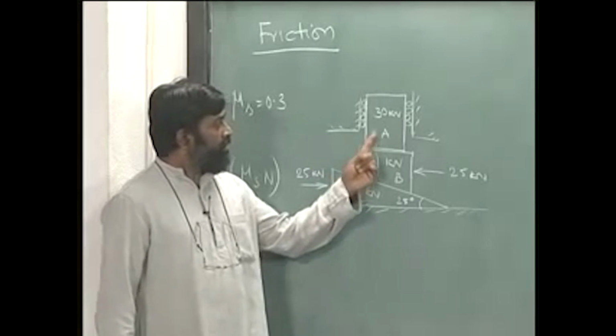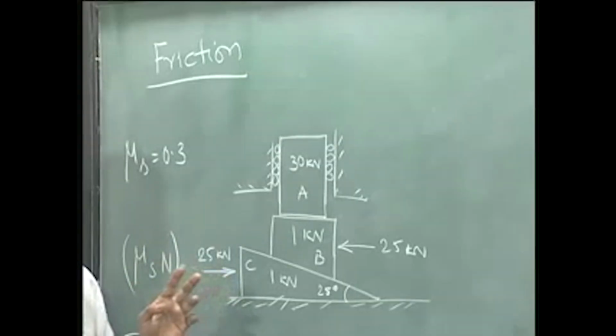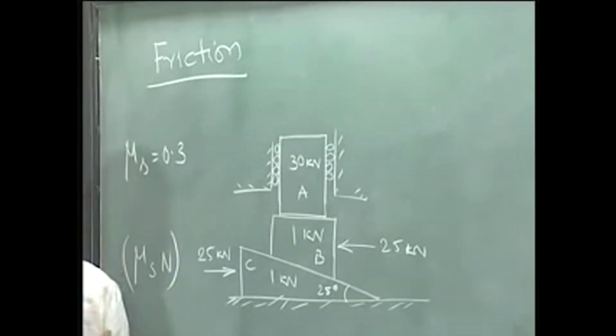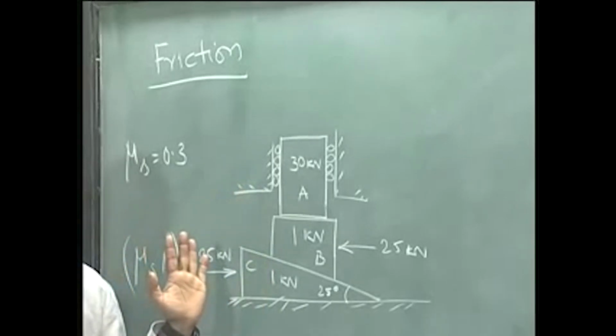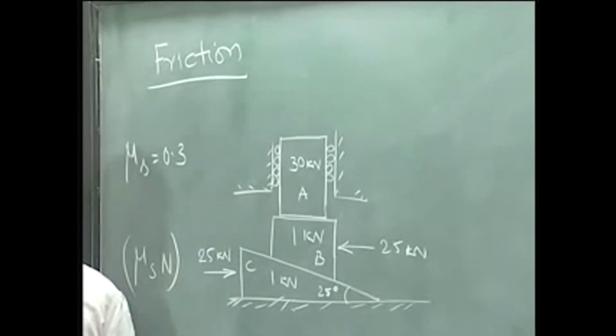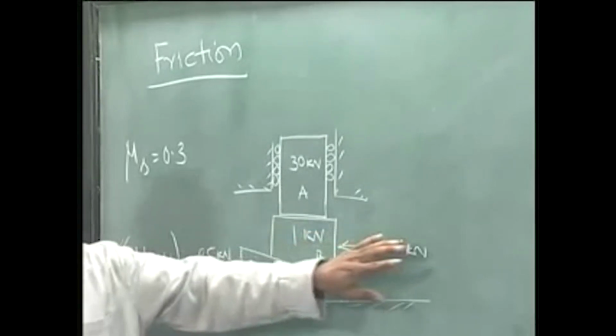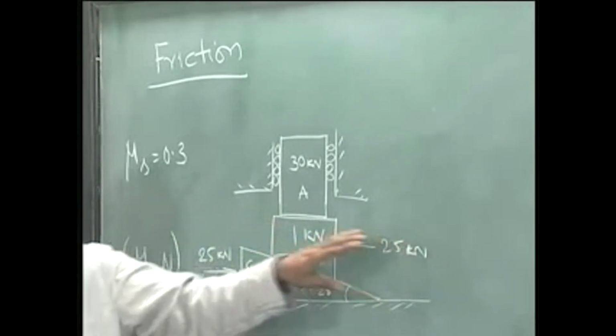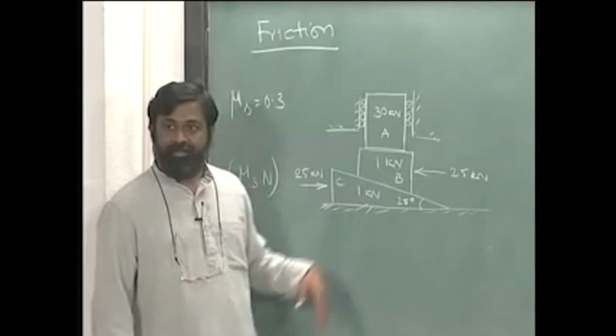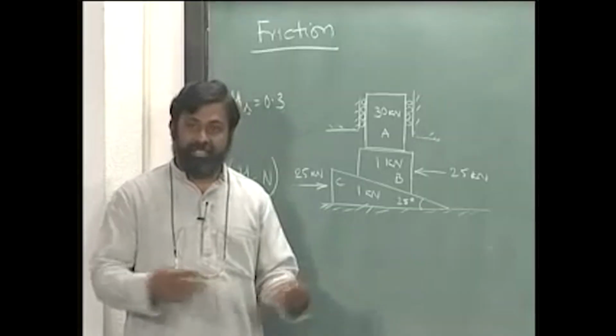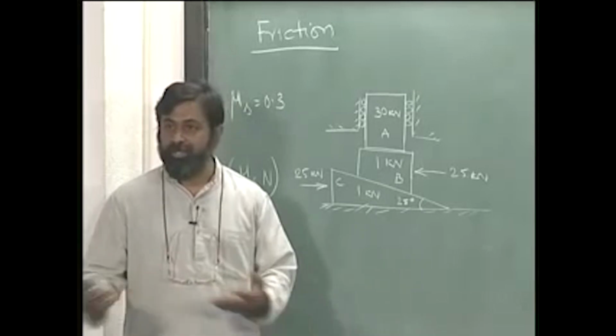Now if this block has to remain stationary, there are 2 possibilities. One is that it is just static, the other could be that these 2 blocks slide. I am just guessing that that kind of a situation may not occur.